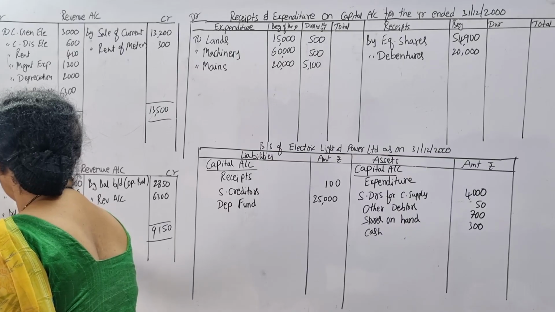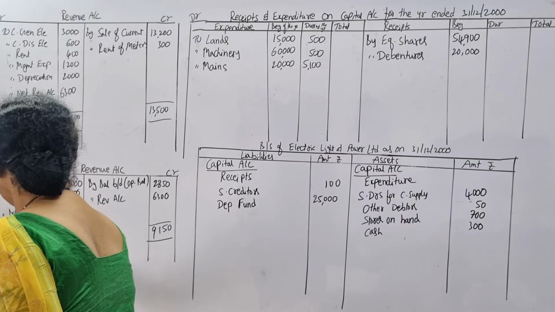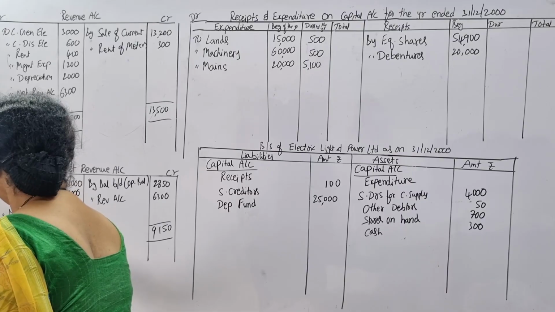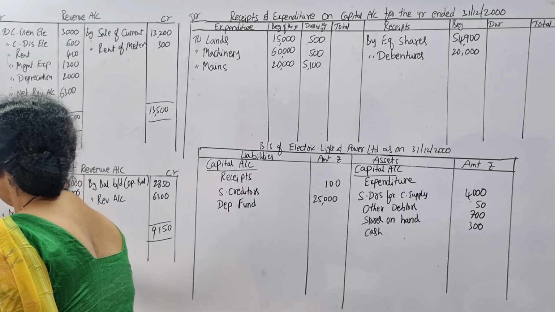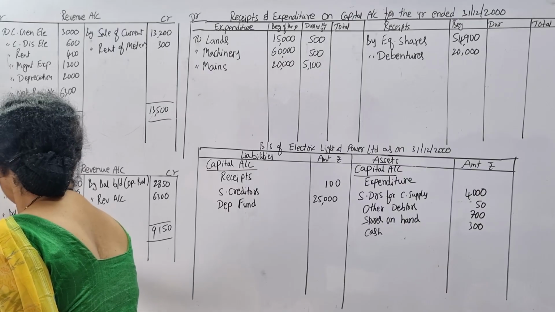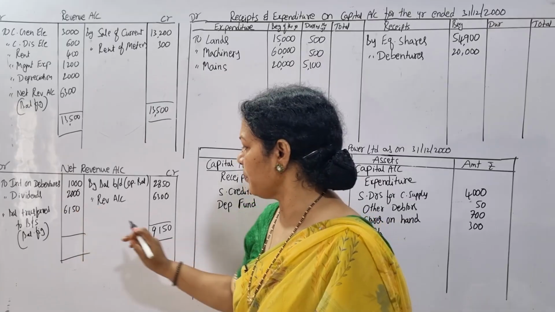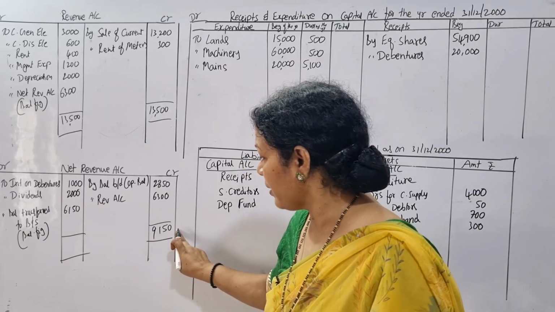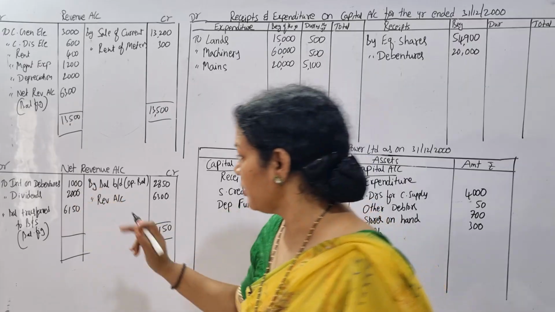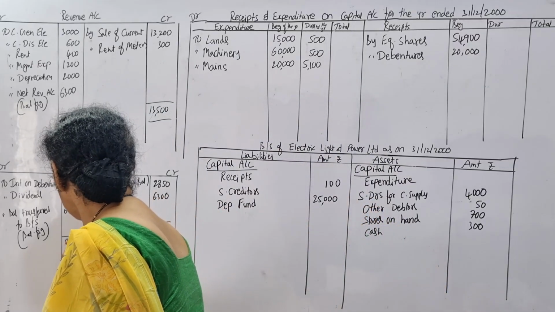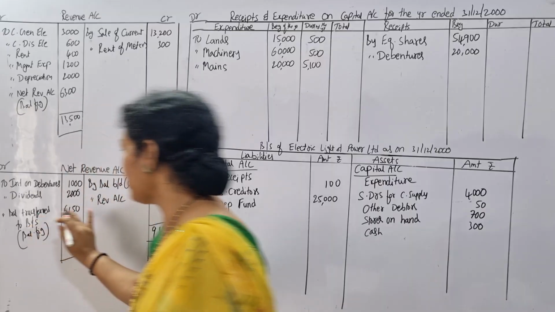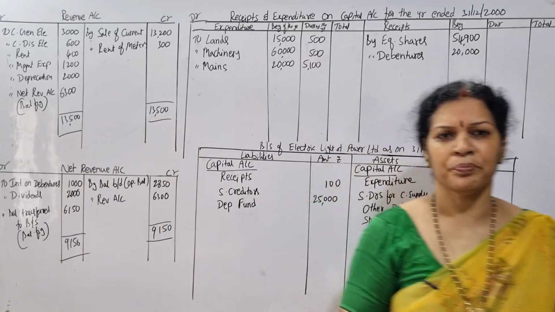This is the balancing figure. Are you getting it? Here we are getting a balancing figure of 6,150. How did you get 6,150? 9,150 minus 3,000, so 6,150 you got. This is transferred to the balance sheet.